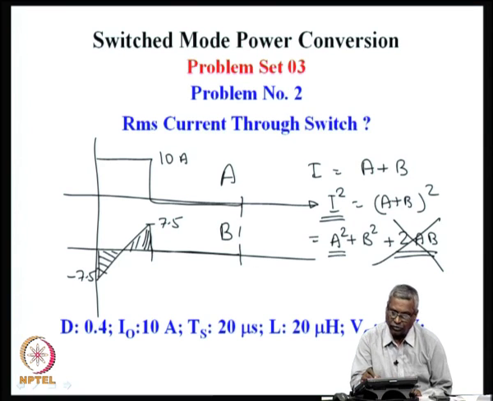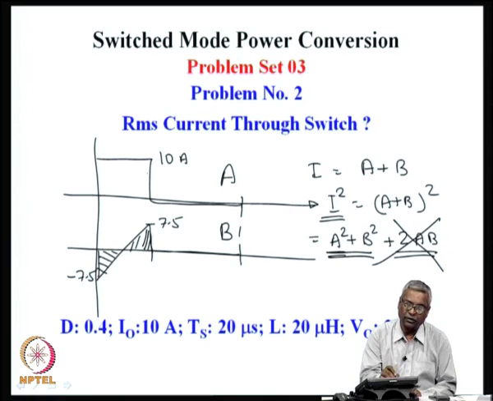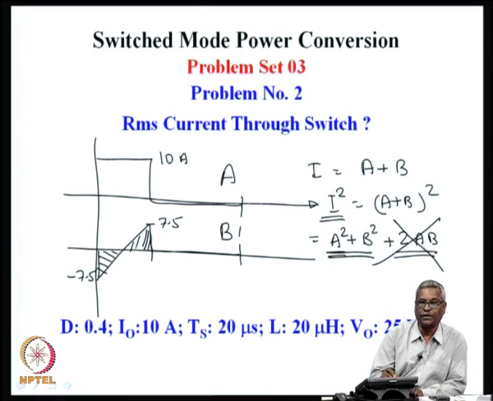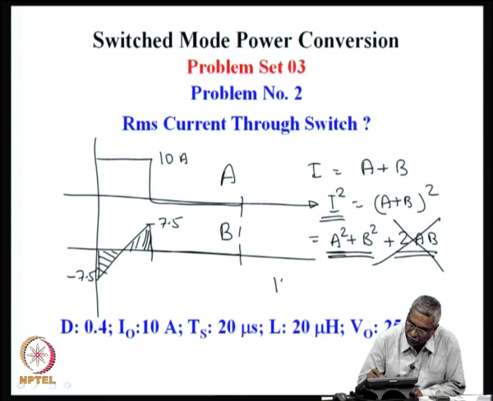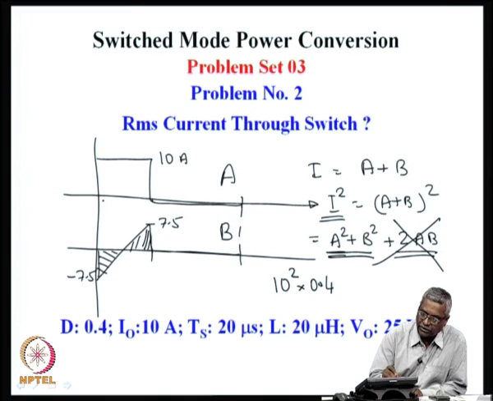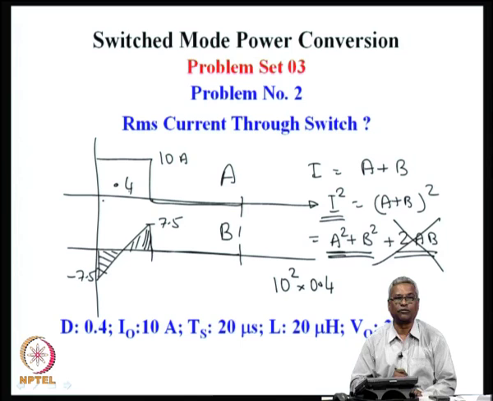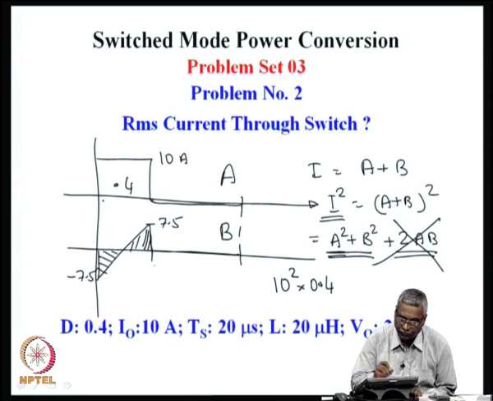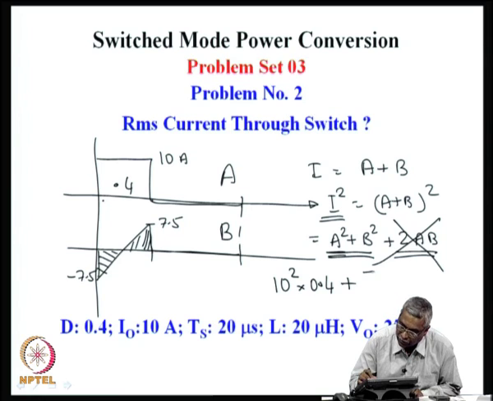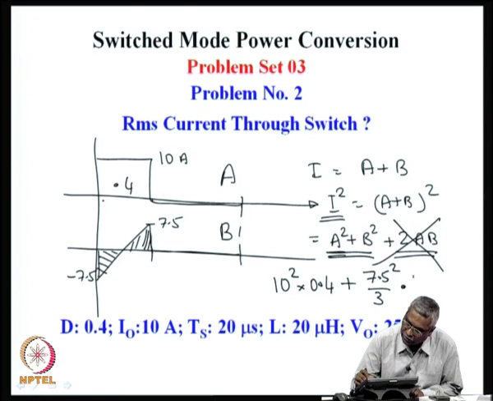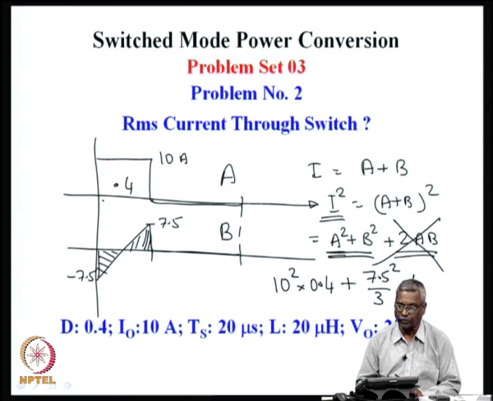Because this goes to 0, my RMS consists of only the RMS of the square wave and RMS of the triangular wave. RMS of the square wave is quite easy to find out, that is simply 10 square into 0.4, because it is existing only for a duty ratio of 0.4. And the RMS of triangle is nothing but 7.5 square by 3, and then it also exists for only a duration of 0.4.